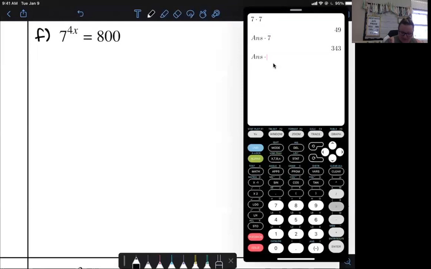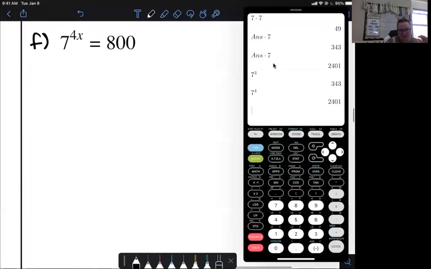Then we multiply that by 7 again, taking it to the 4th power. We get 2,401. And we see that we can't get 800 as a power of 7 because 7 to the 3rd is too little and 7 to the 4th is too high. So we're not going to be able to rewrite this as a power with the same base and an integer exponent, is what I'm trying to say.